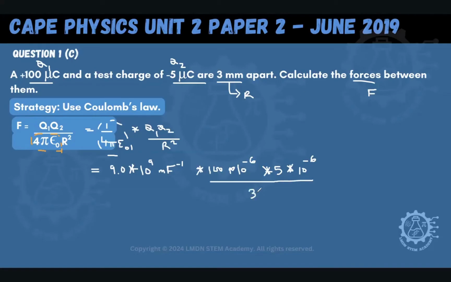So I'm going to write that in meters as 3 times 10 to the -3. And that's going to be squared, right? It's r squared. All right, so when we work through and we simplify through, let's see what we're going to get here. Just plug in that all into our calculator.